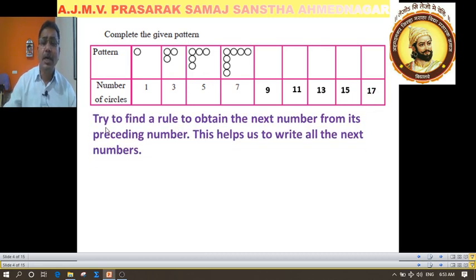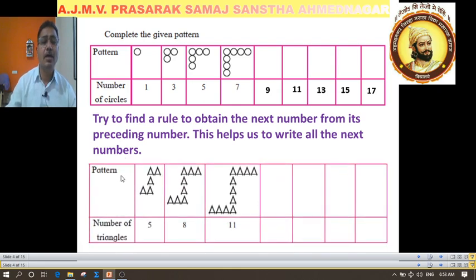So see, finding a rule to obtain the next number from its preceding number helps us to write all the next numbers. Consider another pattern. In the first pattern there are 5 triangles, in the next there are 8 triangles, so the number of triangles exceeds by 3.